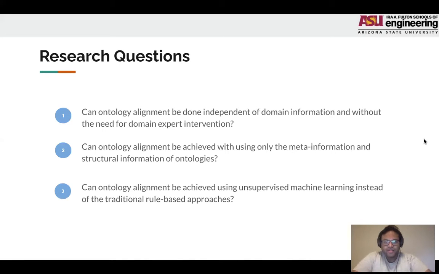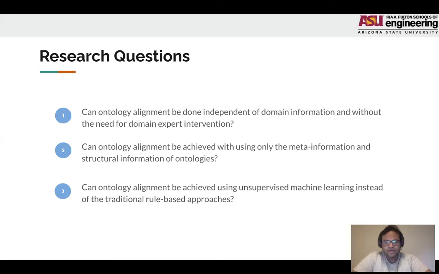These are the research questions that we try to address. First, whether ontology alignment can be done independent of any domain information or domain expert intervention. The second is, beside the entity label or entity information, can we use some kind of meta information or structure information to enhance the similarity?